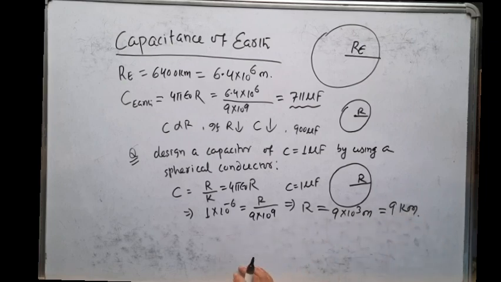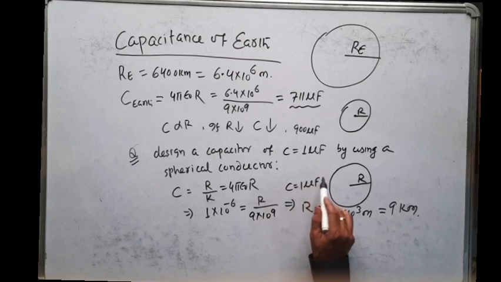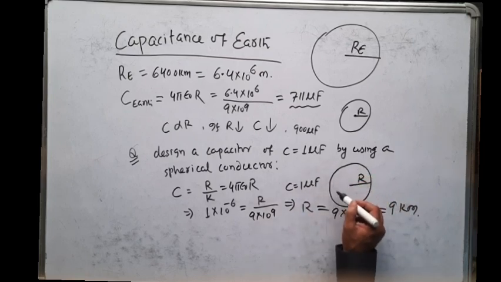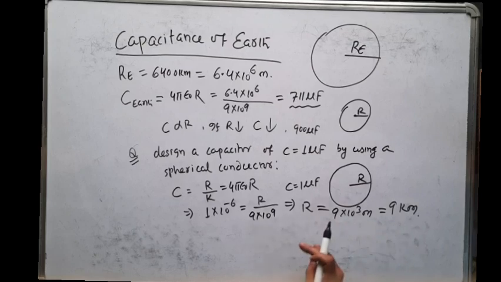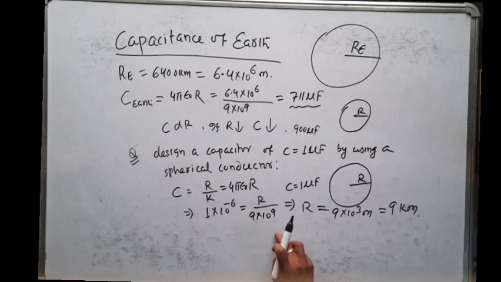You imagine, in your radio, we are using a 1 microfarad capacitor. But to design a 1 microfarad capacitor, if I take a single spherical conductor, its radius is 9 kilometer. Imagine, 9 kilometer is the distance from one city to another city, or from one town to another town.